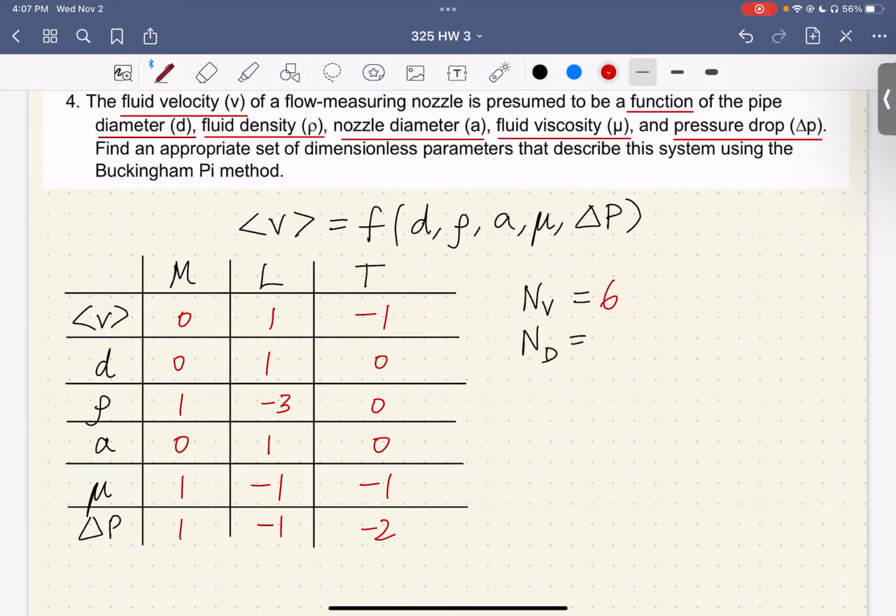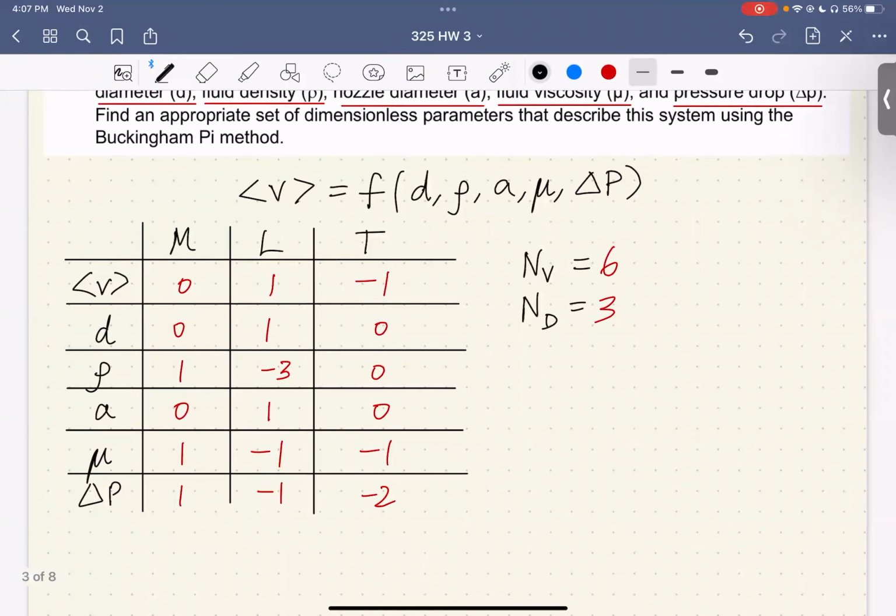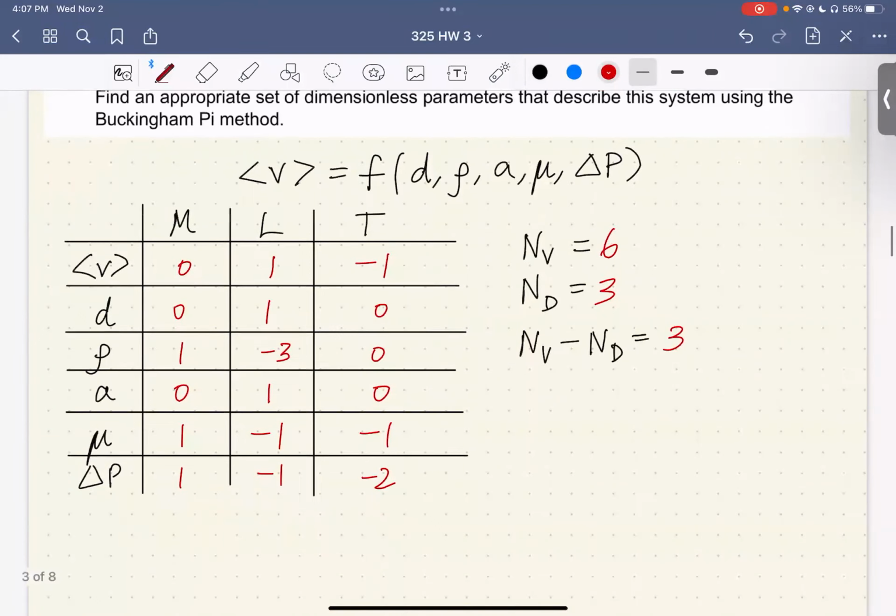Well, we have mass, length, and time all present, so we have 3. Great. Now we want to find the number of dimensionless groups parameters that we're going to be using, and we determine that using NV minus ND. And 6 minus 3 is going to be 3.